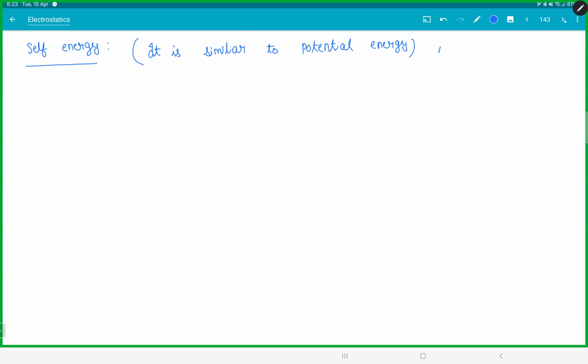So how can we define this? The amount of energy required to create a continuous charge distribution, or assemble, by bringing charges from infinity.